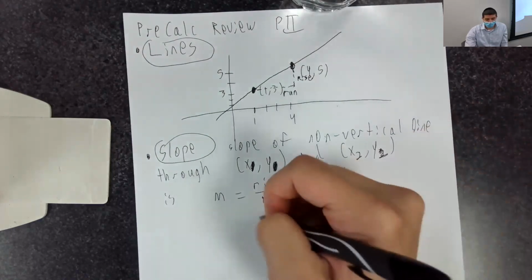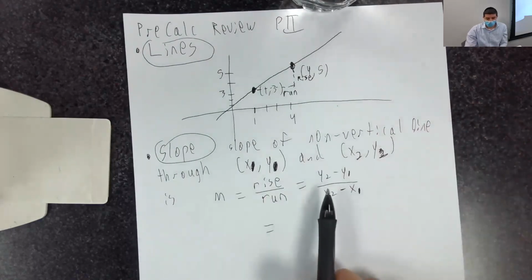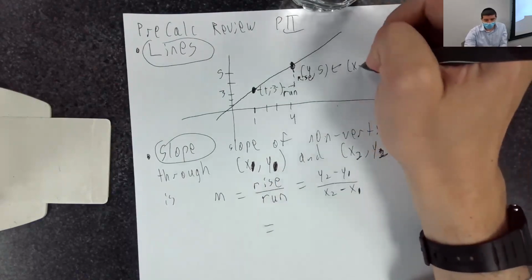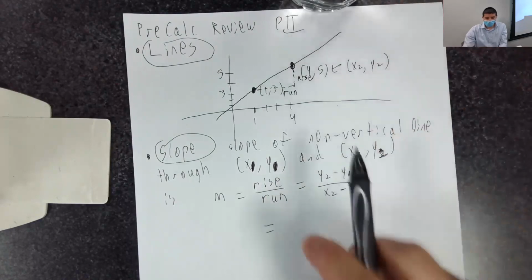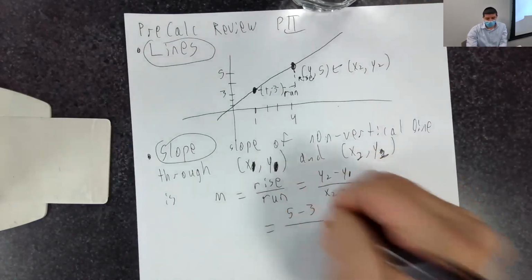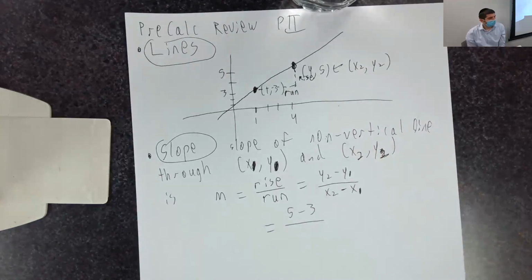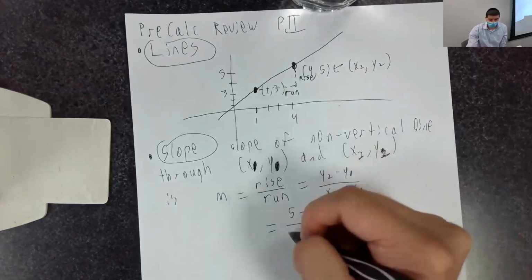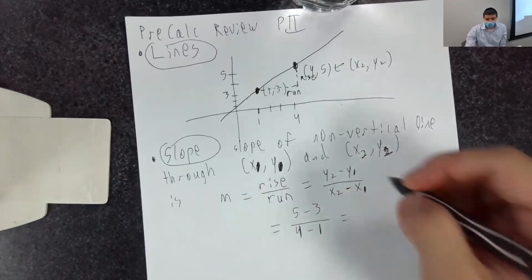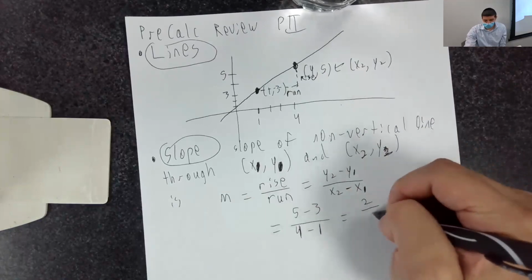So y2 minus y1 is 5 minus 3, the rise. And the run, what should I put in the denominator? 4 minus 1. So I get 2/3.